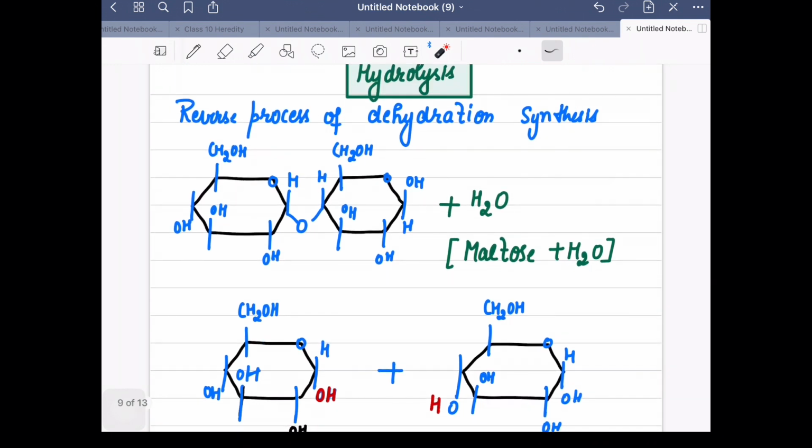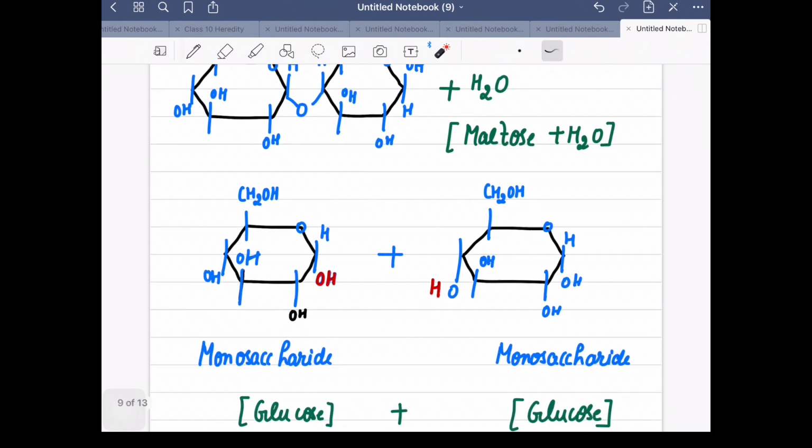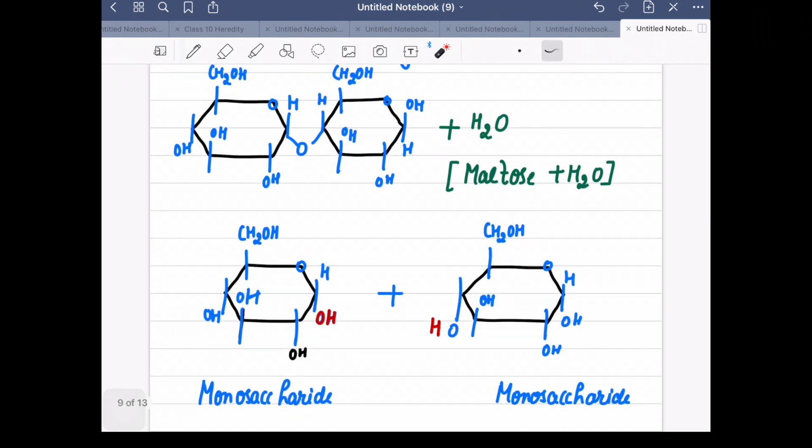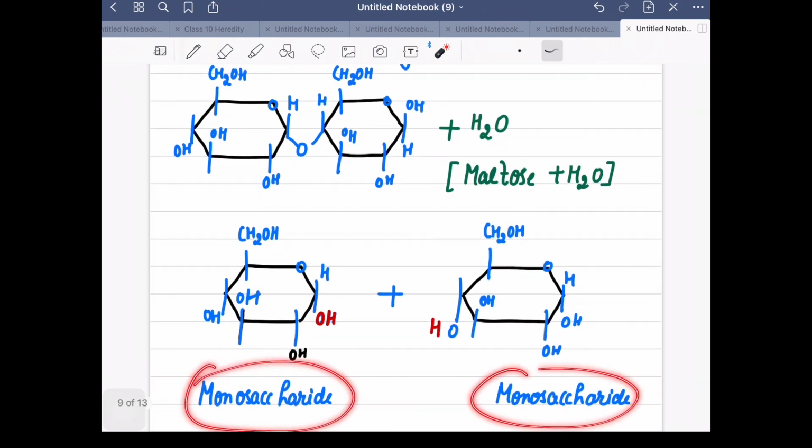Now hydrolysis means, suppose I have this maltose, and maltose is formed by glucose plus glucose. I have to break down this maltose. I will add water, and once I add water, here OH will come and here one H will be added, and my two monosaccharide units will be separated.